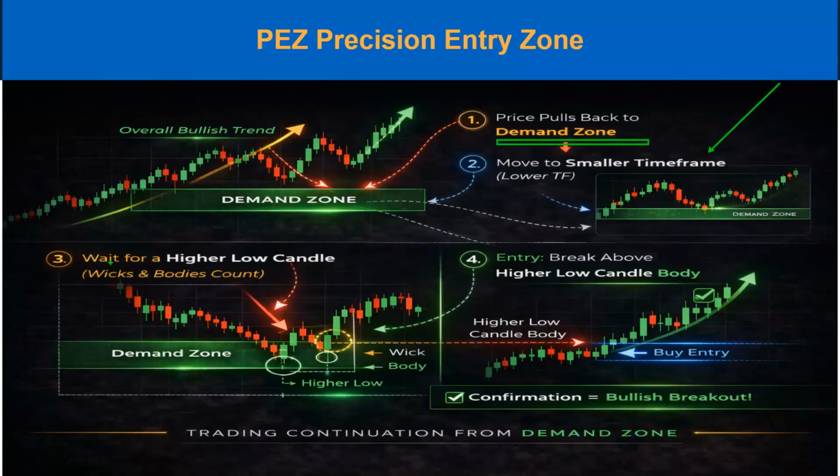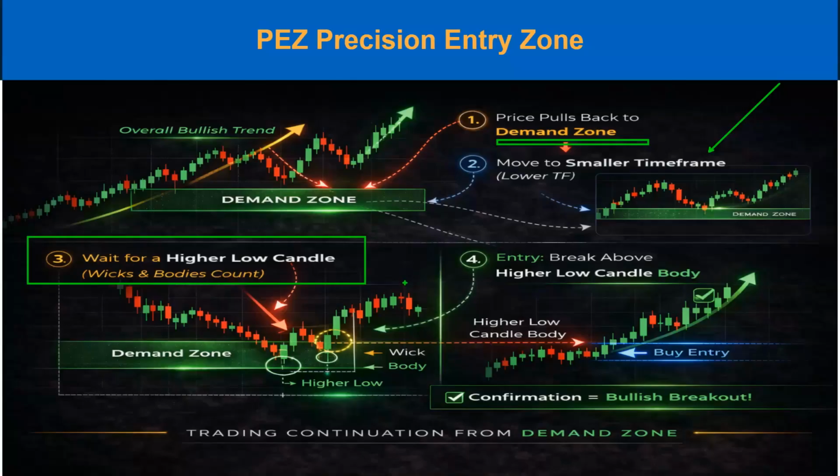The third thing that happens once I move to the lower time frame chart is I am waiting for a higher low candle inside of that demand zone. Yes, wicks and bodies count. I don't care if it's a wick low or a body low, the lowest point is the low for me.